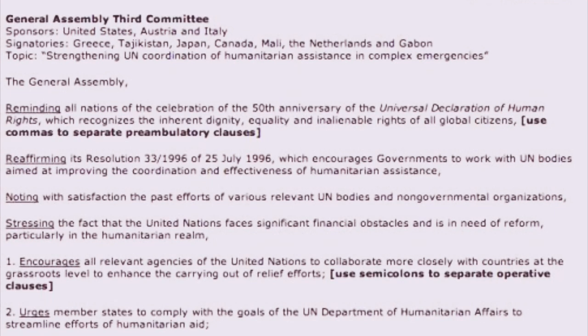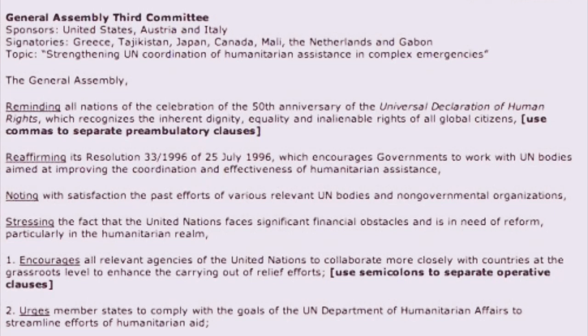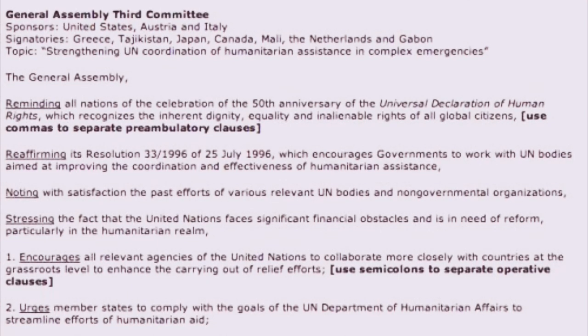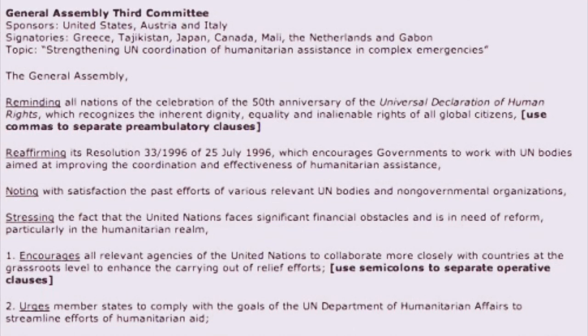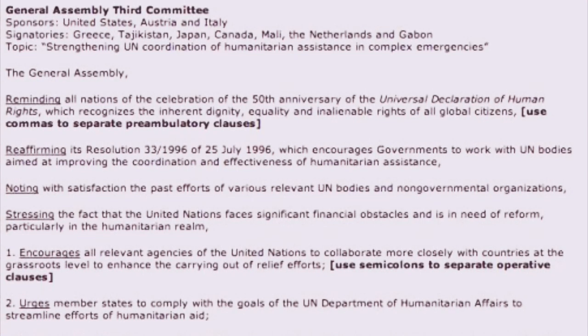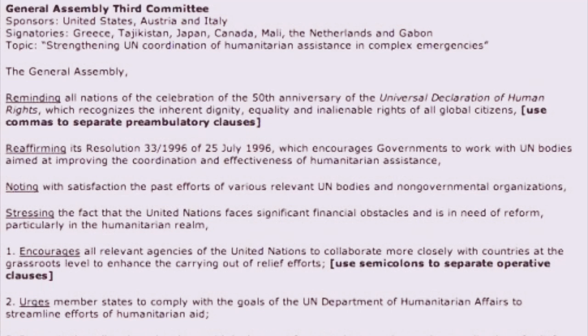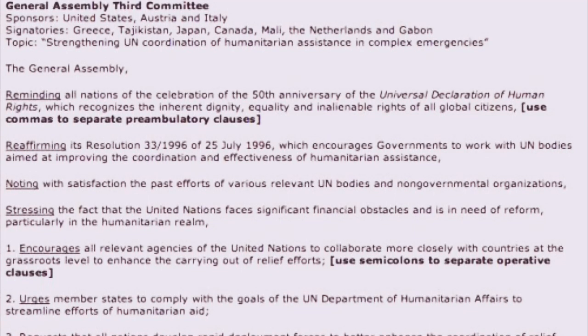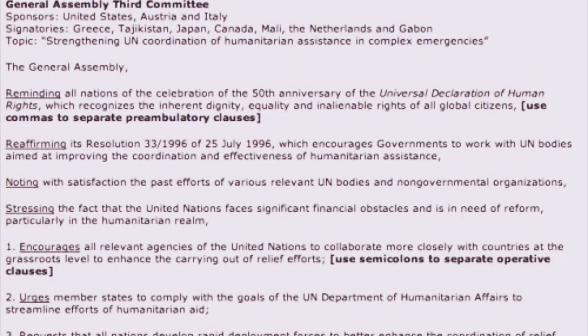A signatory is not one who supports that resolution. A signatory is someone who wants that resolution to be discussed. He or she might be against the resolution. However, he or she wants it to be discussed. And that's what a signatory means. And you cannot be both a sponsor and signatory to your own resolution. However, if you're sponsor to one resolution, you can be signatory to the other resolutions of the committee.